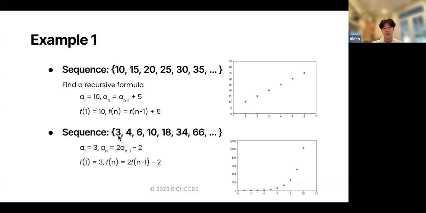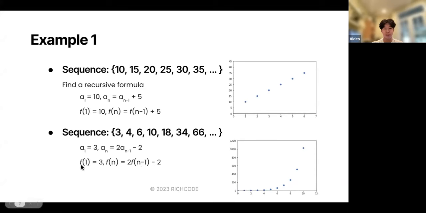So this second sequence might be a little trickier to find a pattern. I mean, if anyone sees a pattern, you can shout it out. It's okay if no one knows what the pattern is, but essentially it's just each number is the number before it multiplied by 2 and then subtracted 2.